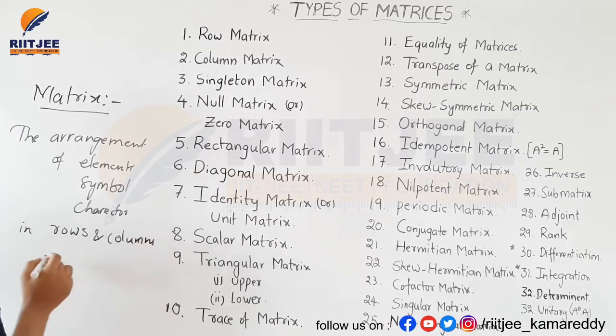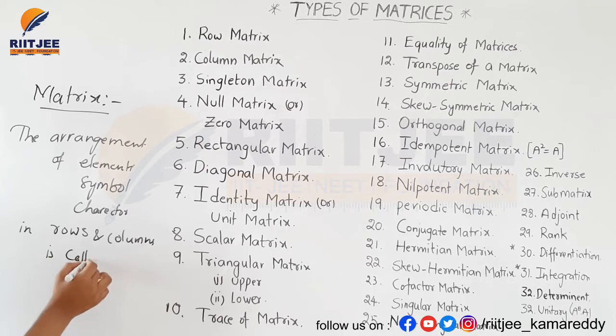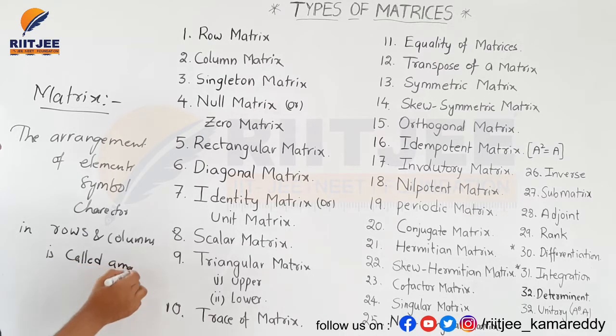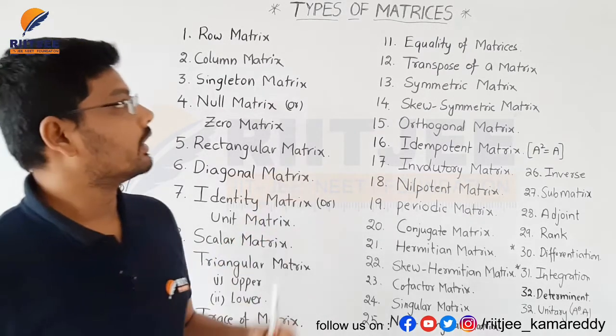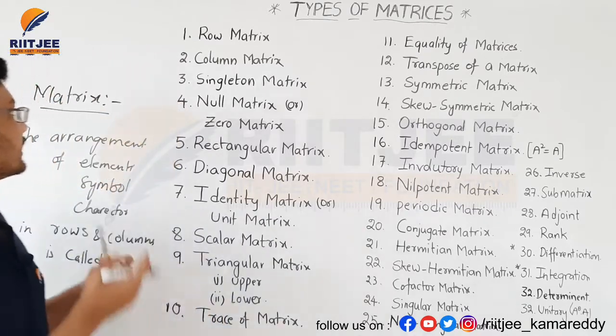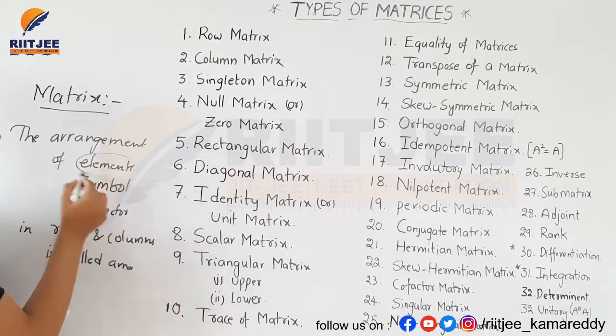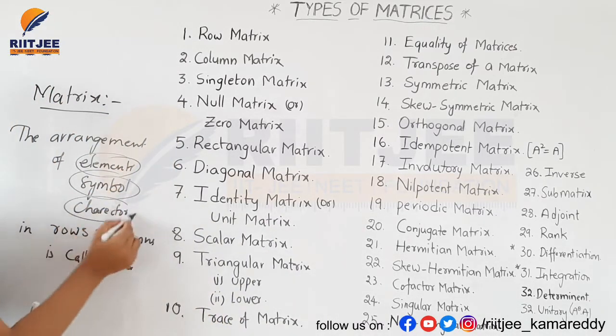Rows and columns is called a matrix. First of all, we should learn the matrix definition here. This is the matrix definition: the arrangement of elements, symbols, characters in rows and columns is called a matrix.